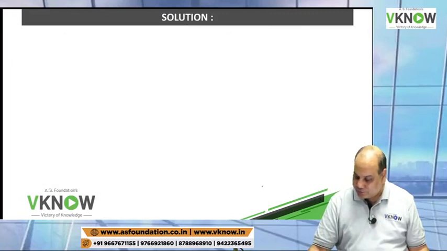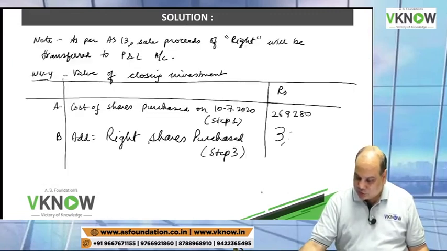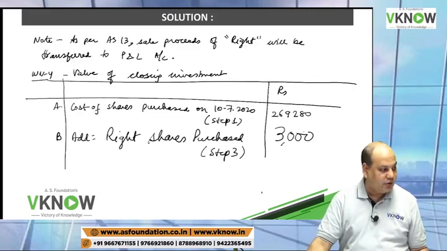Point number F, 3000 rupees was paid for right shares.